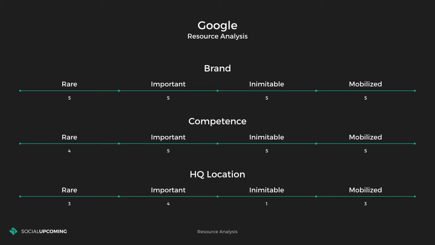doesn't provide them that high of an advantage. It is rare. There are many in Silicon Valley, but there are a lot of people in the same location. It is important for them because of the sales aspect.